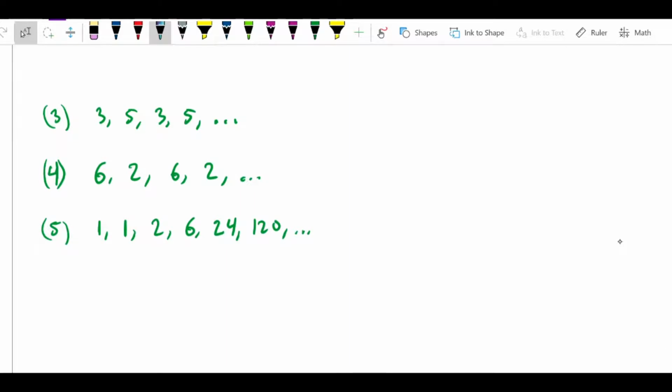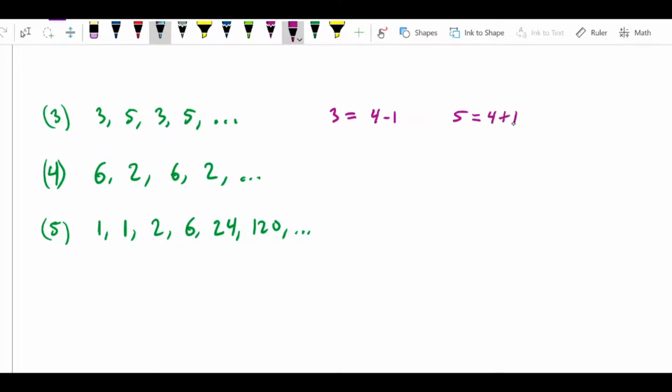How about 3, 5, 3, 5? Unfortunately, there's nothing as clean as negative 1 to the n that switches back and forth between 3 and 5 like there is between negative 1 and 1. But we can kind of use it, because if you notice, 3 is equal to 4 minus 1, and 5 is equal to 4 plus 1.